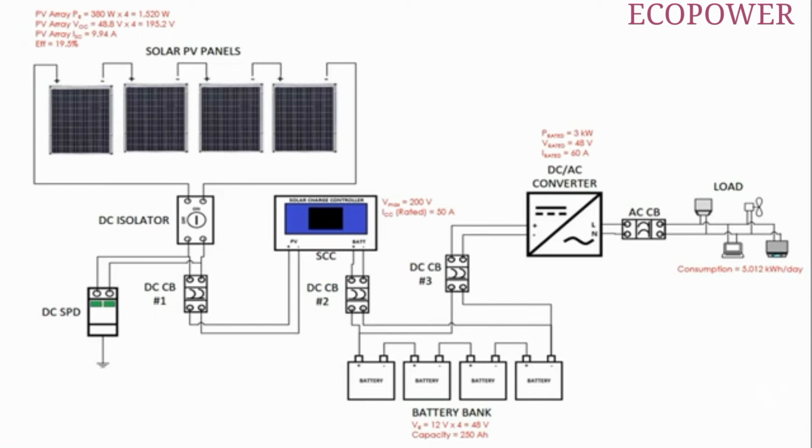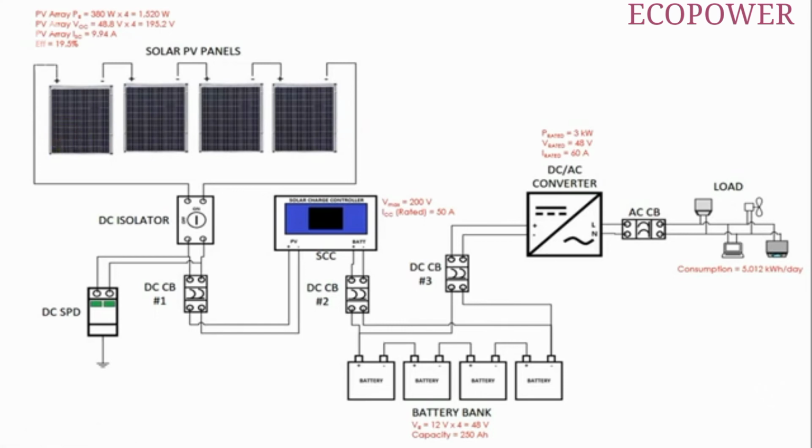So in step number 5, we have computed that our short circuit current flowing through the solar panel is 9.94 amps. We multiply that by the number of solar panel strings, times 1.25.